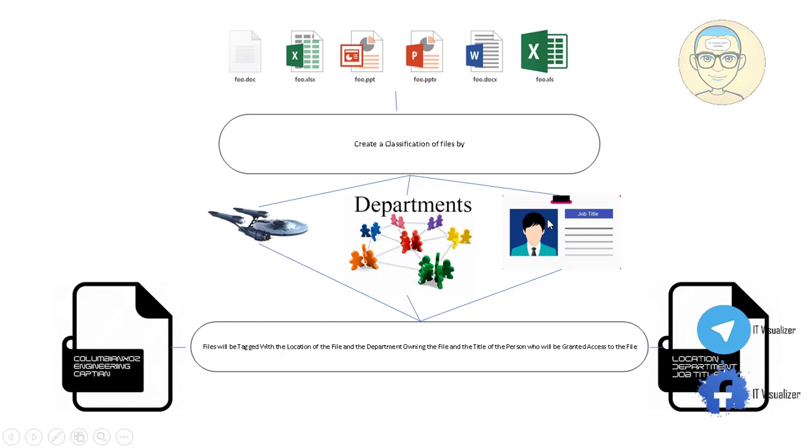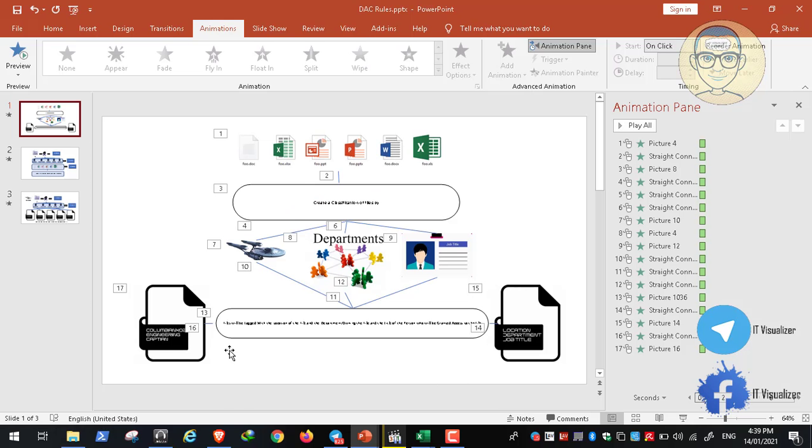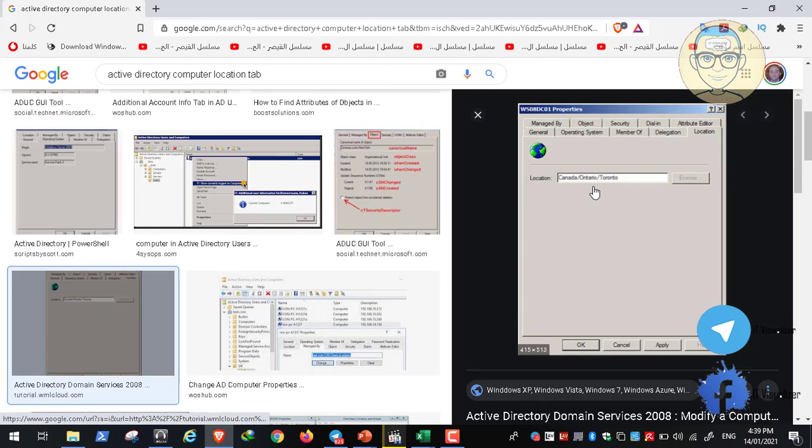I will show you how we can find these three classifications, or three attributes, in the Active Directory. If you open any computer in the Active Directory, there is a tab called location. Here is the location of the PC. So we will import this attribute from the Active Directory to the file server.